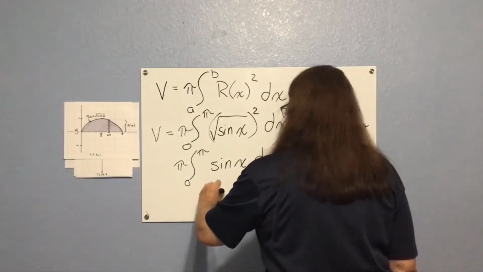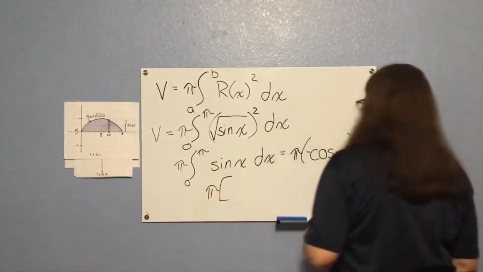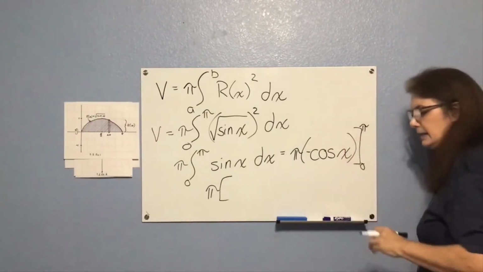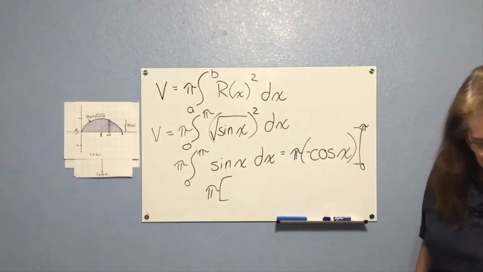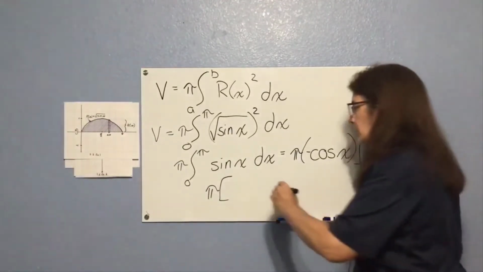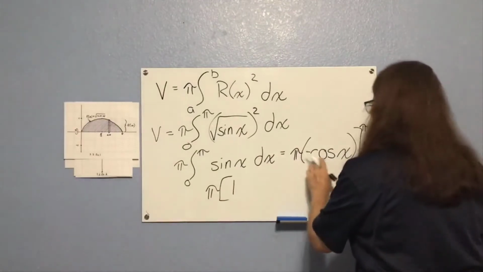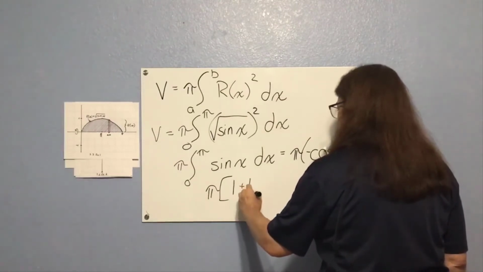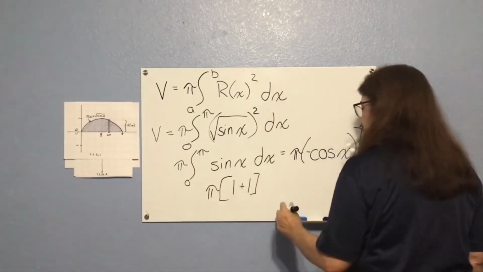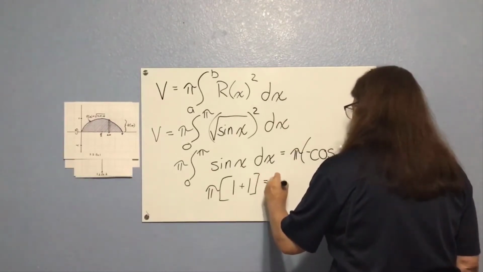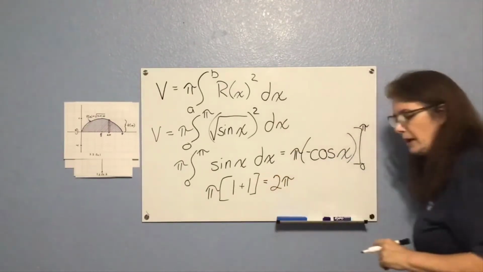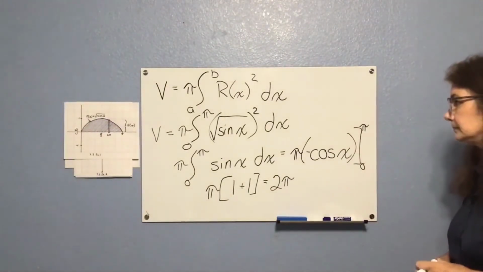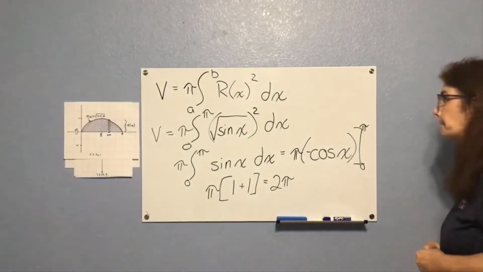So now I'm going to have pi, and negative cosine x at pi is going to be 1, and negative cosine x at 0 would be negative 1, but we're going to add it since we would normally subtract there. And so we get 2 pi for our volume. And that's problem 1, example 1.